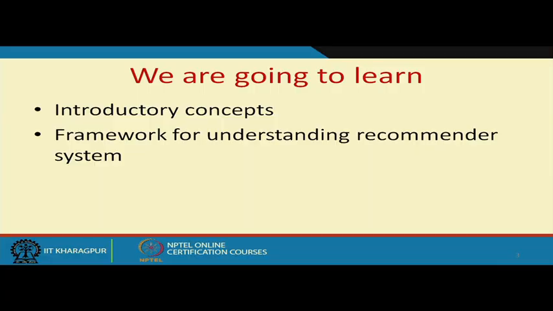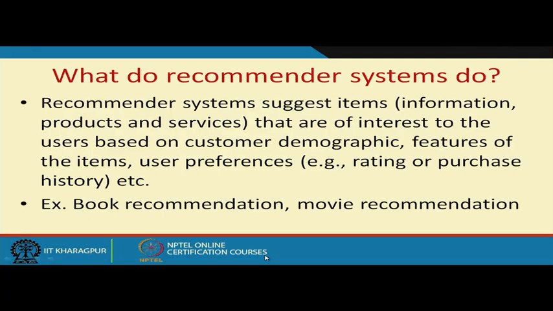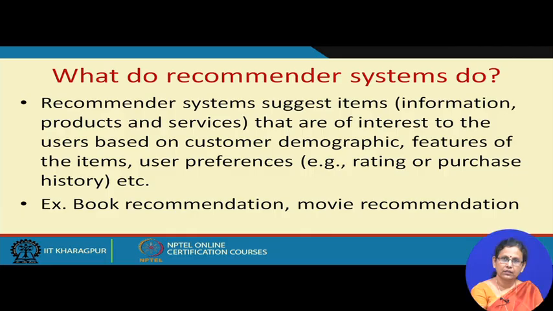recommender system. Then we are going to understand a generic framework for our further studies on recommender system. Now, what do these recommender systems do? Recommender systems suggest items. You can have a news recommender system where you are not suggested any physical product as such, you are suggested certain news information that you would like to see.